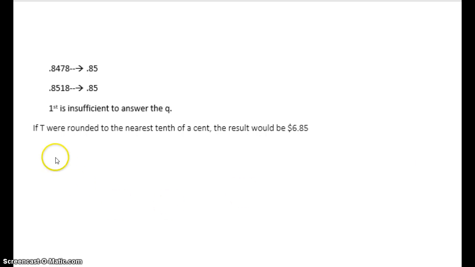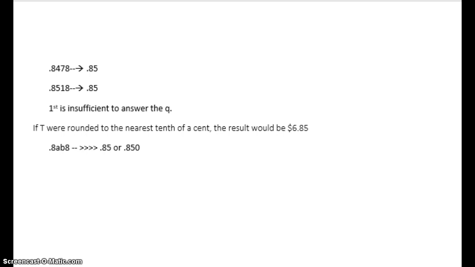So 0.8AB8 when rounded off to the nearest thousandth or a tenth of a cent is giving us 0.85 or 0.850, which is a more accurate representation.